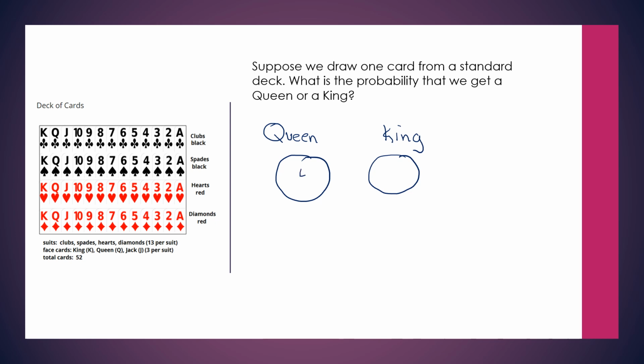There are 4 queens, there are 4 kings, and we just are going to add those together. So we get 8 out of 52, and we can divide both of those by 4. We would get 2 out of 13, and that makes sense because each suit, we have 2 out of 13, 2 out of 13, 2 out of 13.